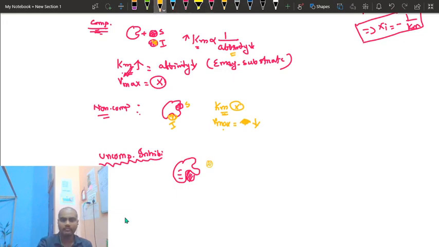But if the substrate binds at the very first time, then there is a chance for the inhibitor to bind as well, right? The substrate will not change the structural configuration of the inhibitor binding site, but the inhibitor can change the structural configuration of the substrate binding site.